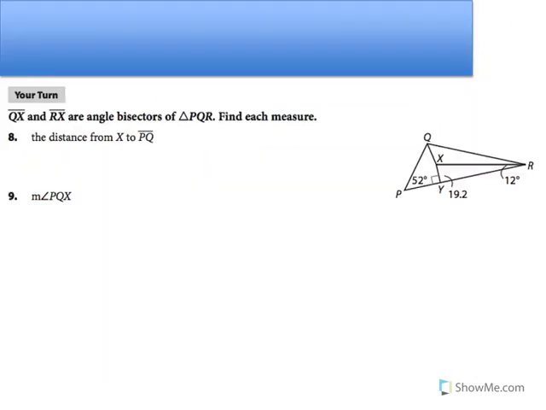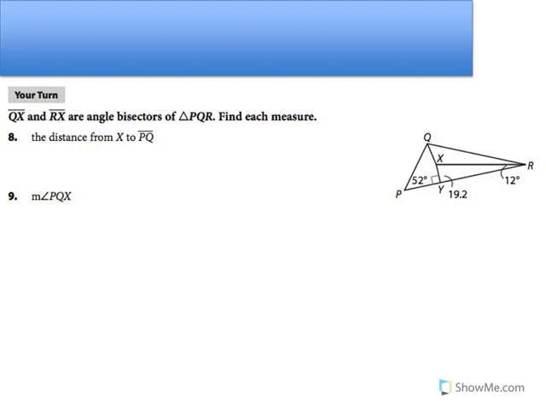Okay, let's go on to examples 8 and 9. This is your turn. We're given that QX and RX are angle bisectors of triangle PQR. Find each measurement. Before doing 8 and 9, let's label what we know.